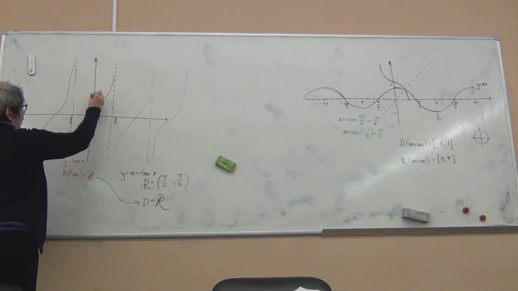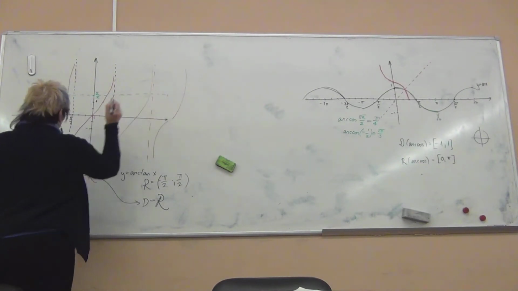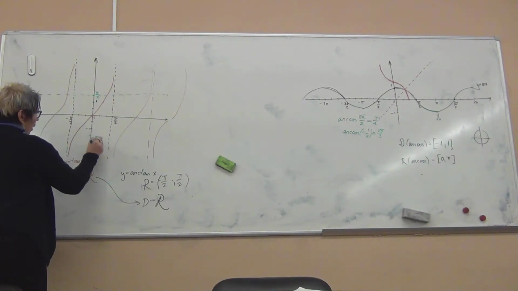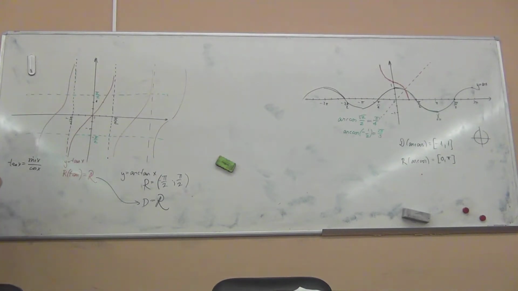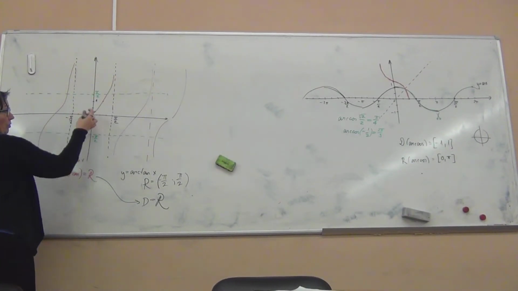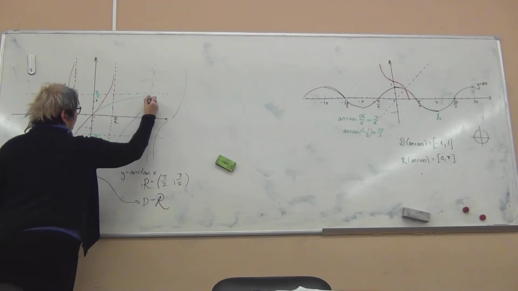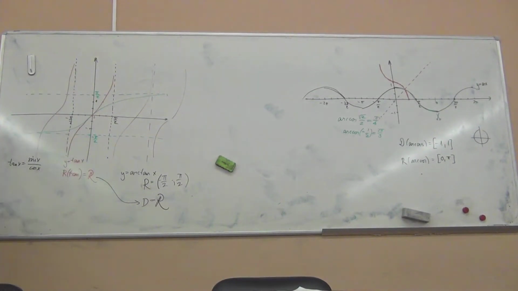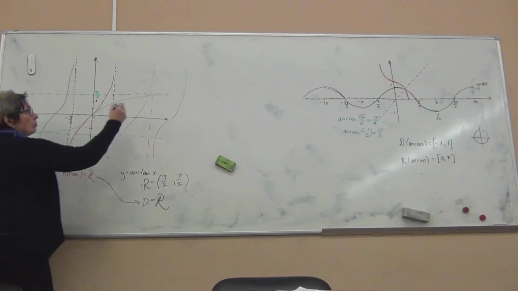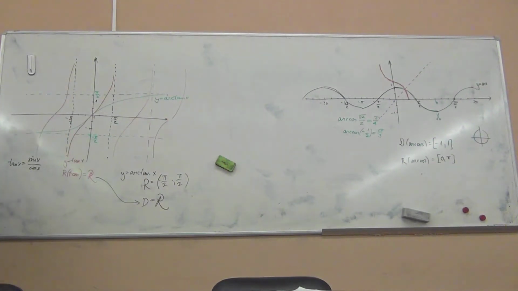So pi half, horizontal asymptote not to be intersected, minus pi half, horizontal asymptote not to be intersected. And the graph itself, obviously symmetrical to this, so it means that we have to do something like this. So this is the graph of the arctangent, y equals arctangent of x.